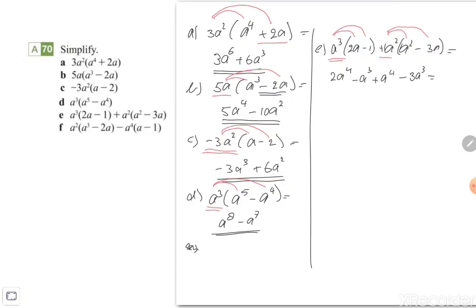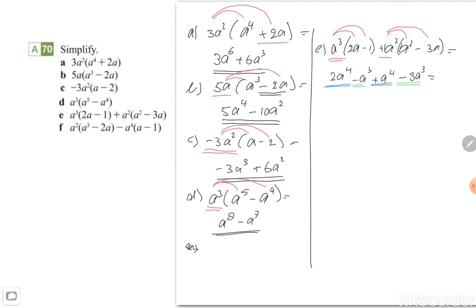Alright, step number 2. After you multiply out all the brackets, we need to find the like terms. So 2a to the power of 4 is a like term with a to the power of 4. And minus a to the power of 3 is a like term with minus 3a to the power of 3.